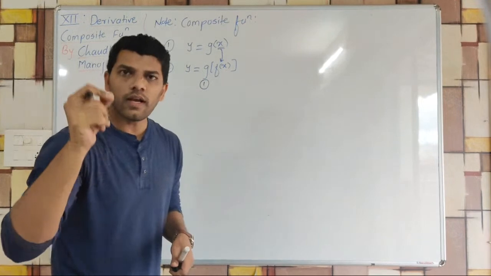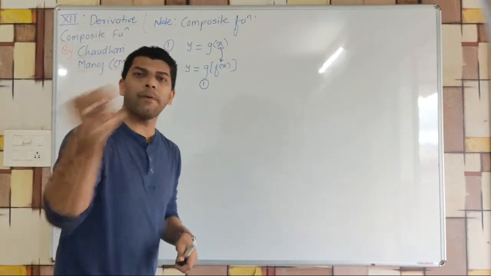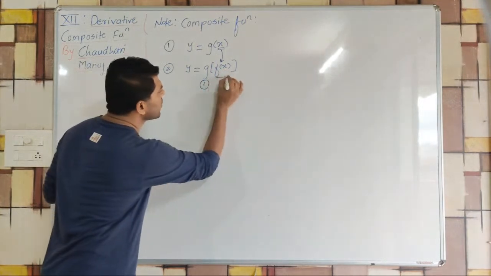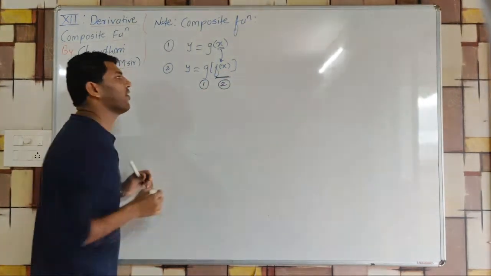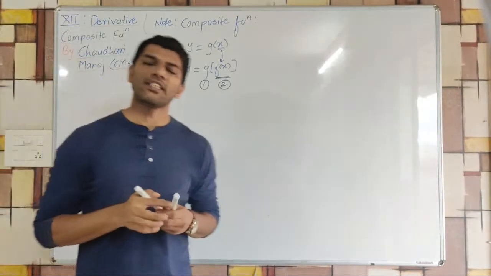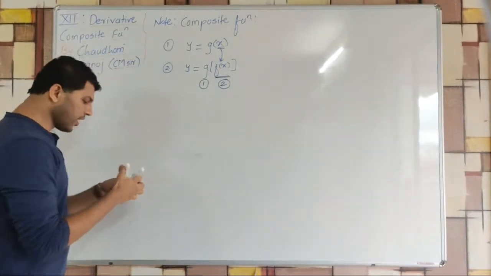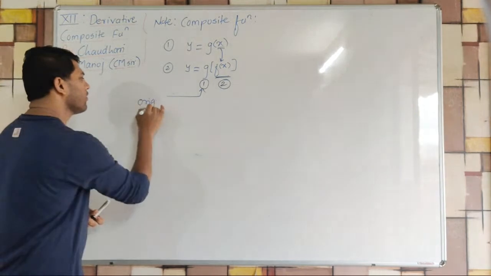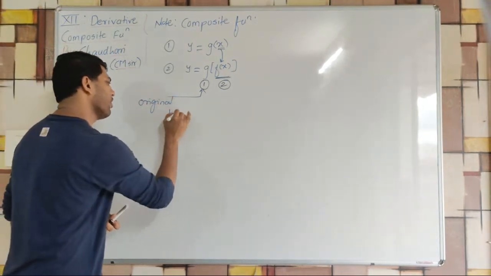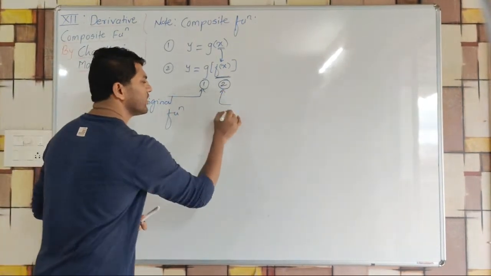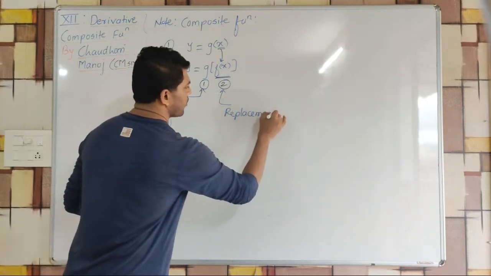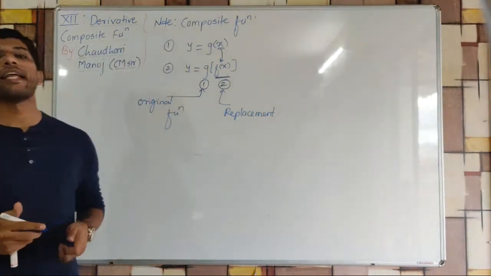And the function which takes the place of x, the replacement for x, is f of x, so treat it as second. So there are always 2 parts in the composite function. We can say this 1 is the original function and this 2, which is the second part, is called the replacement.